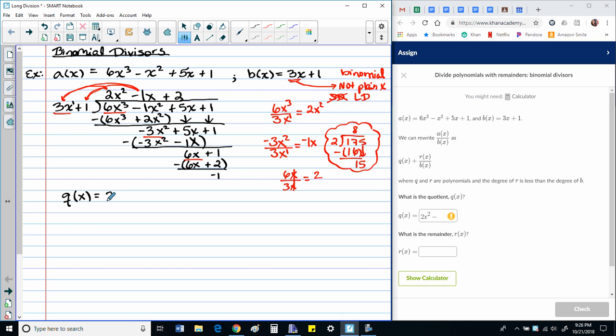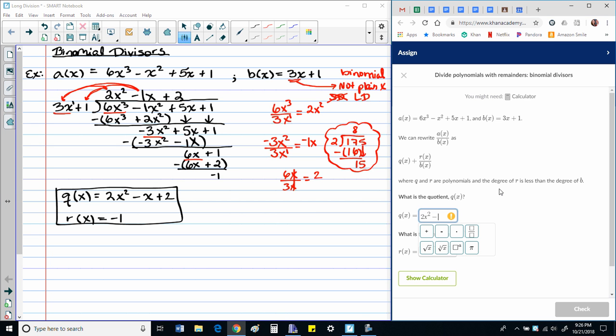Excuse me. 2x squared minus x plus 2, and r of x is just this little guy down here, negative 1.